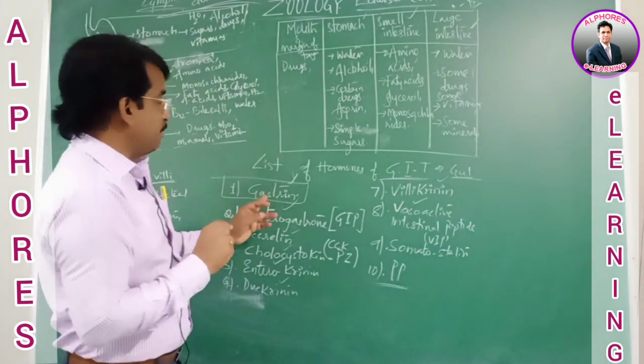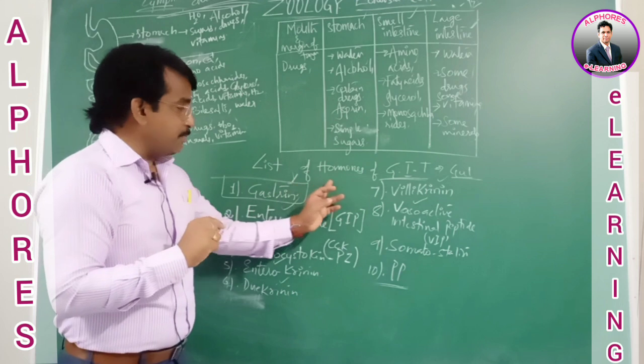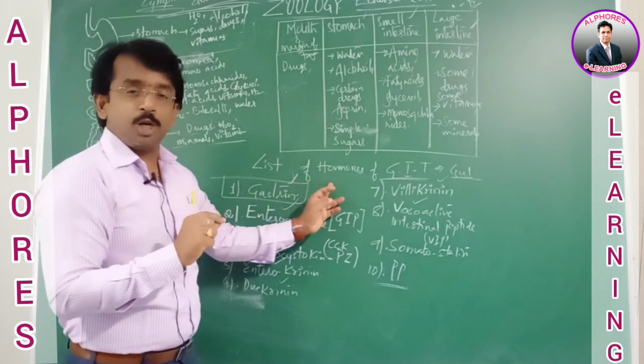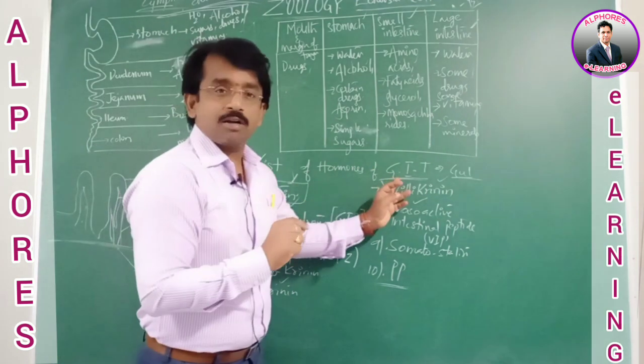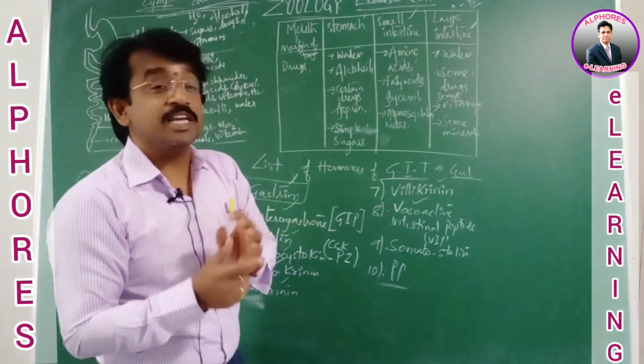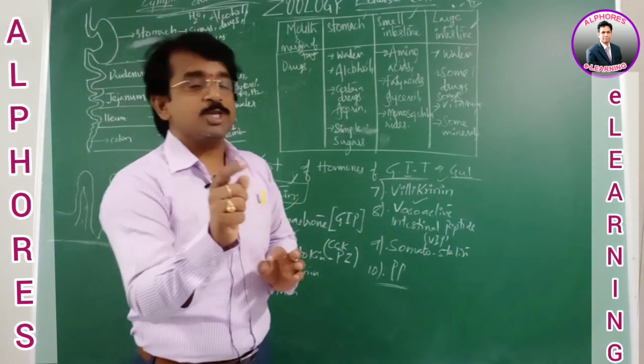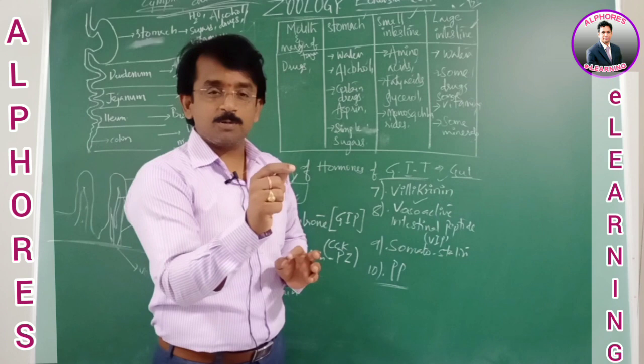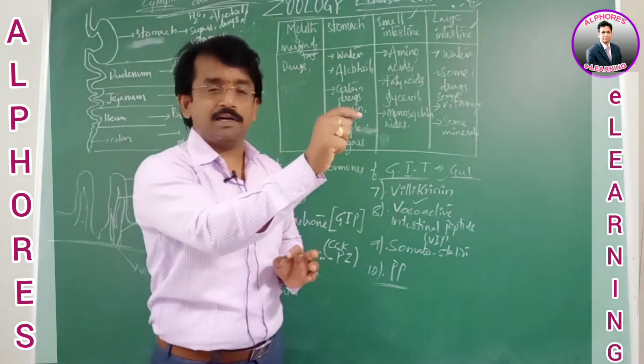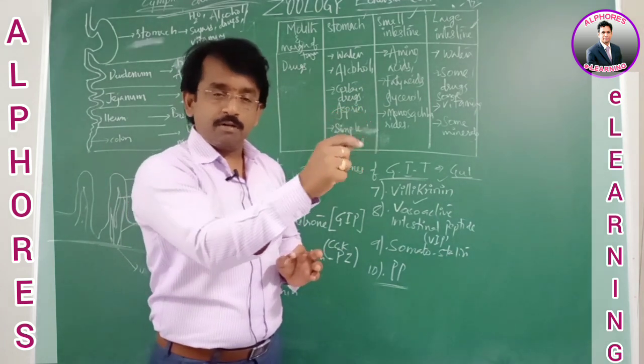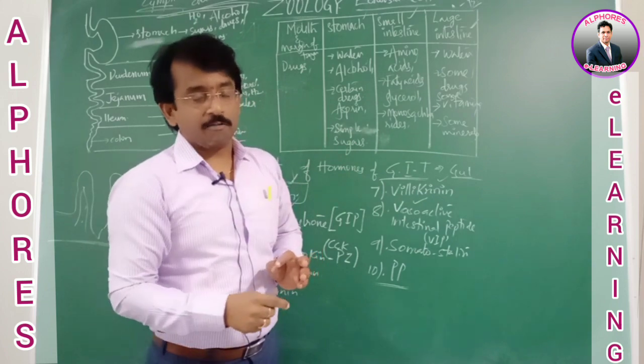So gastrin: origin, stomach epithelium; target organ, stomach; function, the gastric juice, including HCl, pepsin, renin and intrinsic factor.